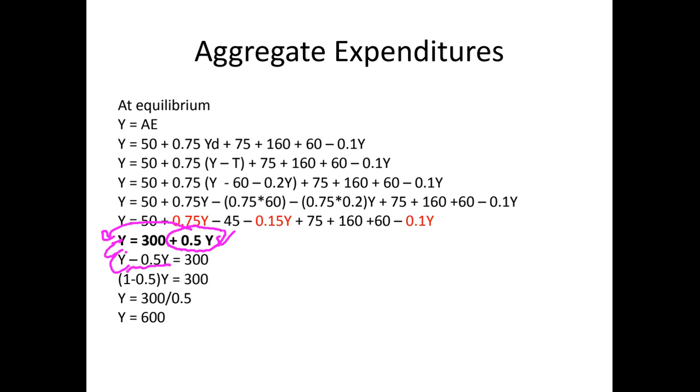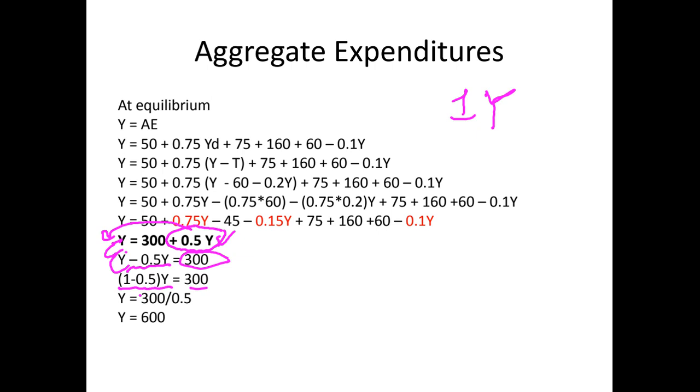Then y, remember, if I write y it always means 1y. Remember, we don't write 1. So this is 1y minus 0.5y. So 1 minus 0.5 is 0.5, which I've already written here. So 0.5y equal to 300. So y equal to this 300 divided by this 0.5.